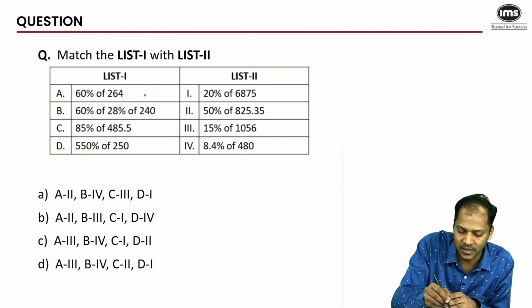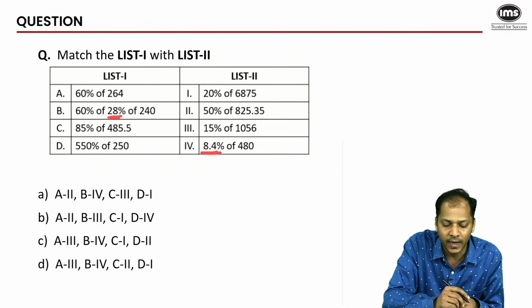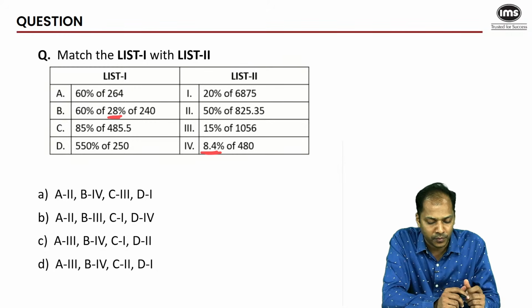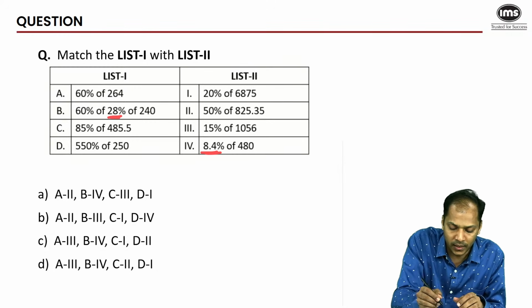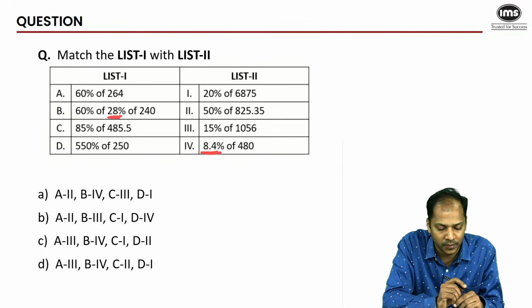So when I'm looking at this, here you have a 28, here you have a 84, 8.4, and again you have... okay, but are all other numbers also multiples of 84?